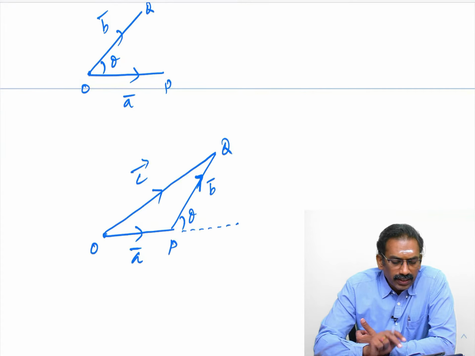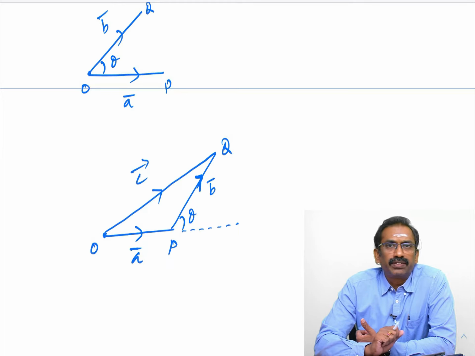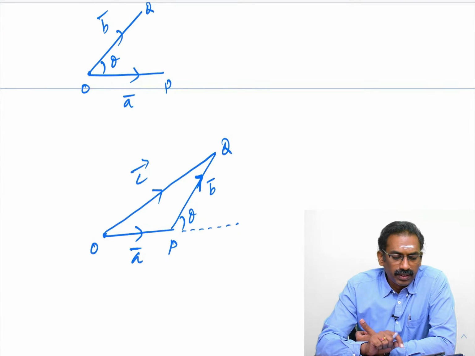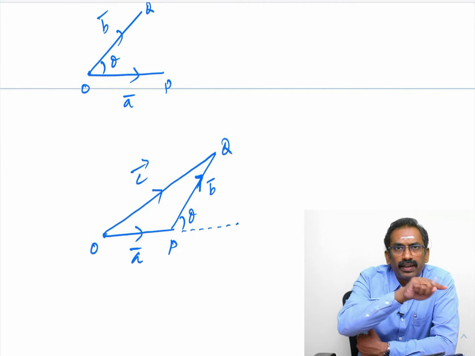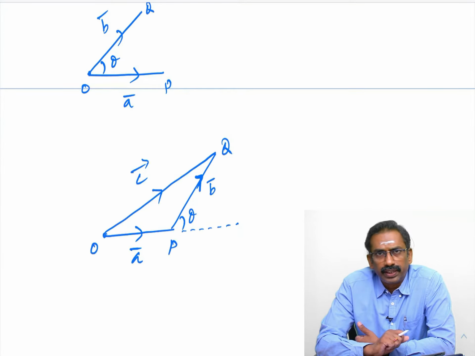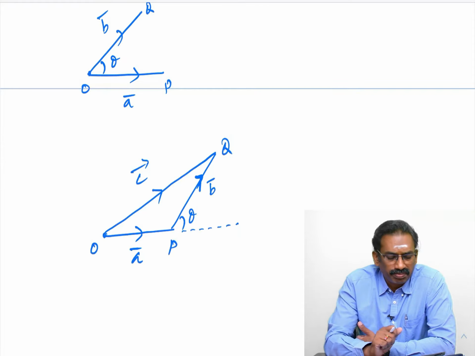So the two vectors are represented by two sides of the triangle in the same order. In this diagram, A vector and B vector are in the order anticlockwise. The resultant is represented by the third side of the triangle in the opposite order.